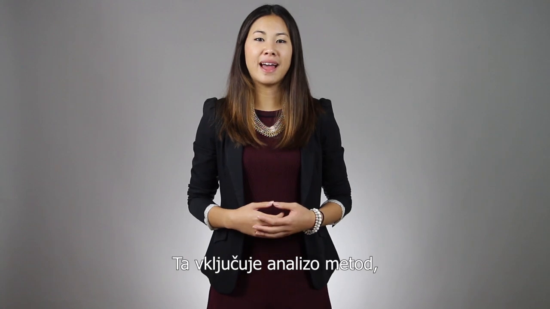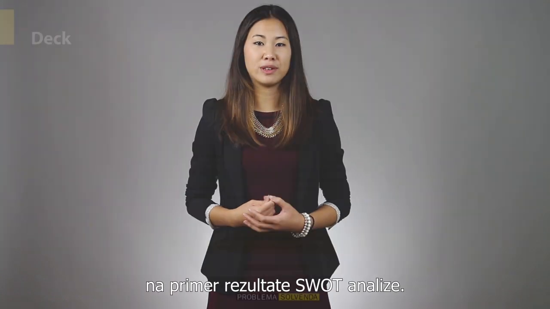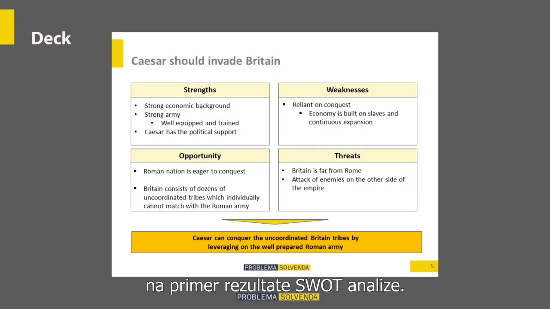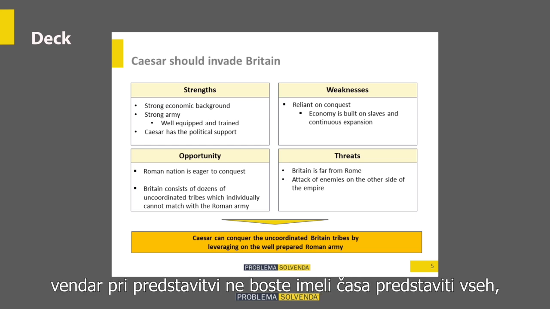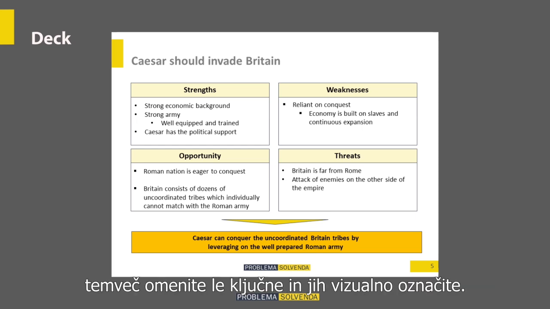It involves the analyzing methods, for example, the results of the previously shown SWOT analysis. It is important to focus on the conclusions from the analysis and not to just show it simply. For instance, you should fill the cells of the SWOT at home, but during the presentation you won't have time to read all of them, so you have to highlight what is important for the strategy.